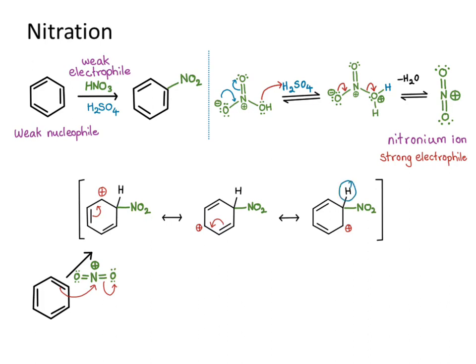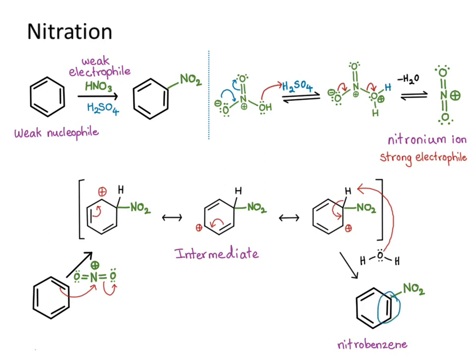And after this intermediate, this proton needs to be removed in order to bring back the aromatic nature. Right? So water will act as a base. The water that you got here will act as a base to remove the proton from that carbon, and the electrons will go neutralize this positive charge by forming this pi bond.